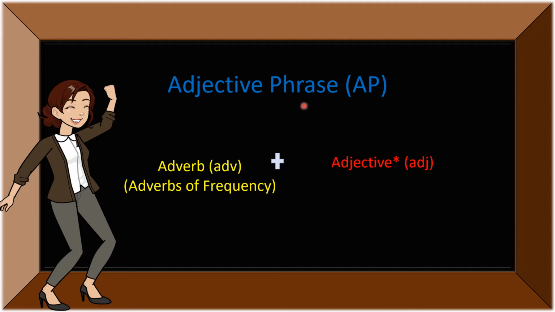Well, in an adjective phrase, you're definitely going to have an adjective. But you might have more than one adjective, and we represent that possibility with the star. But we also know an adjective can be modified by an adverb. So far, we only talked about adverbs of frequency. But if you have an adverb of frequency, it's going to go right in front of the adjective it modifies.